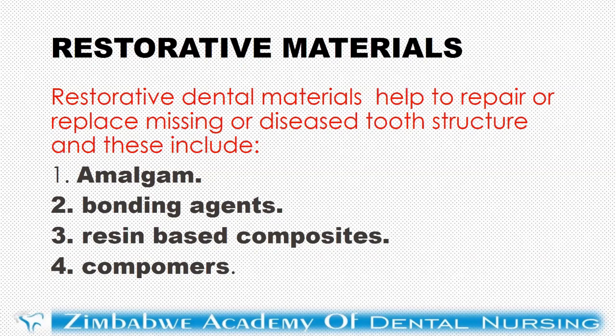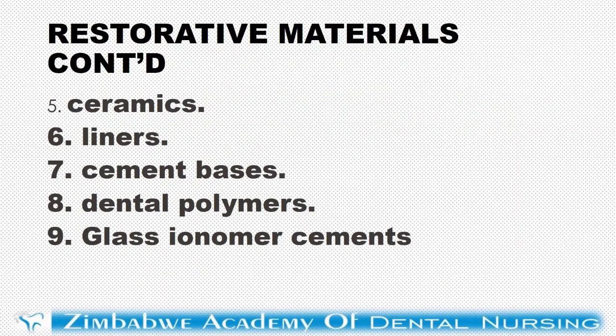3, we have modified composites, sometimes referred to as resin-based composites. You also have another classification of restorative materials called compomers, which are hybrid materials between composites, glass ionomers, and other things. Then you also have ceramics, you have liners, you have bases.